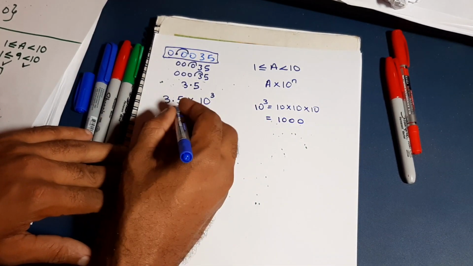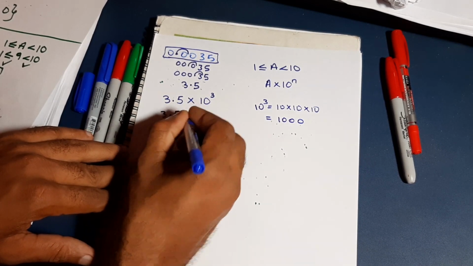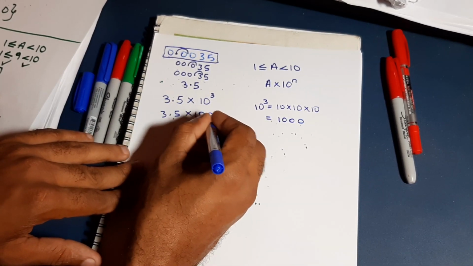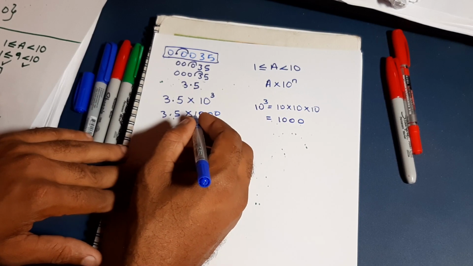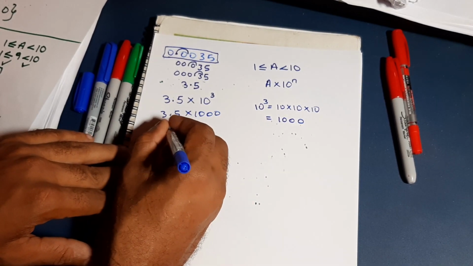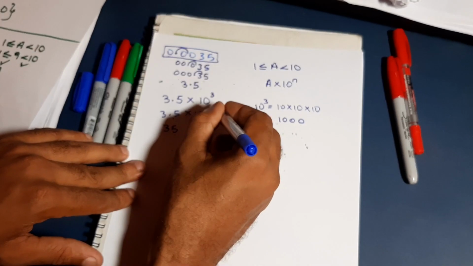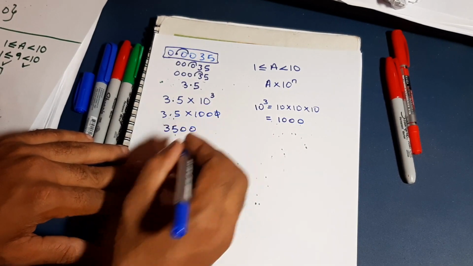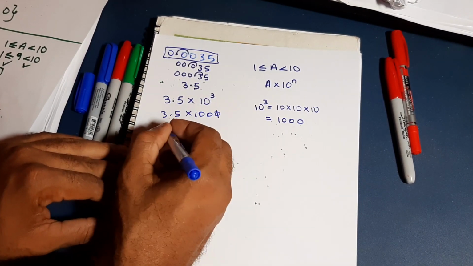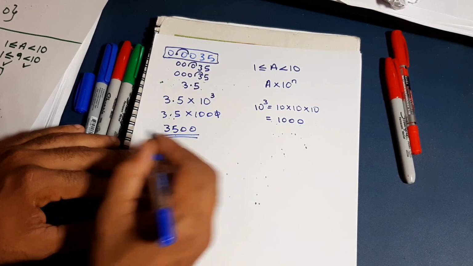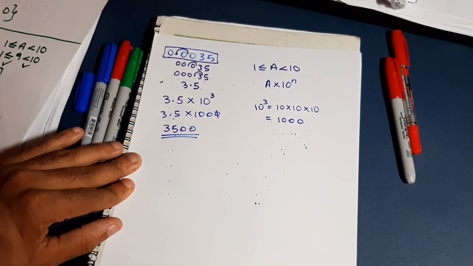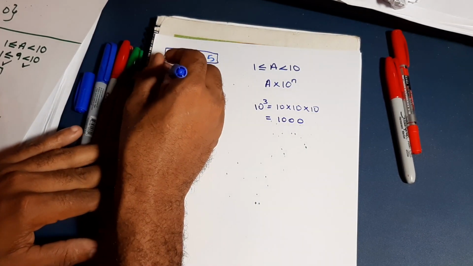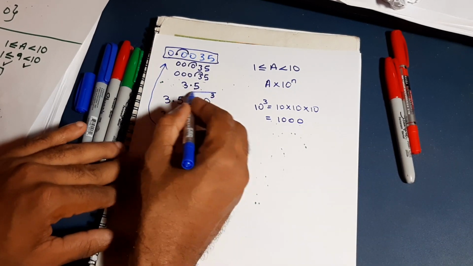So if I multiply 3.5 by 1000, what's going to happen? 3.5 times 1000, it's going to give me 3, 5. I'm going to cross off one of these zeros, 1, 2. So I'm going to get 3,500. Now, was 3,500 the original number? No, it was not. So that means something has to be wrong with this.